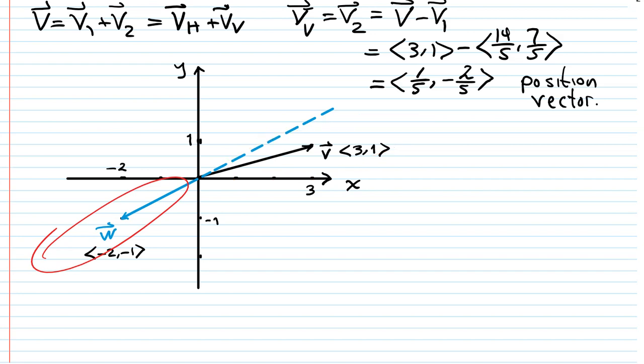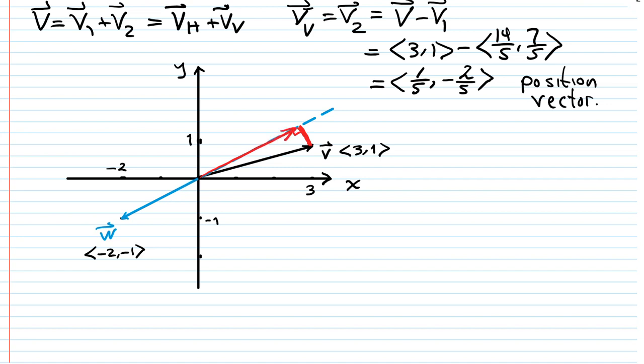So in order to project v onto w, I extended w in this direction, in the direction of v, so I can project v onto it. If I drop the perpendicular from the tip of v, it would be like this, that distance right there. The projection is actually this portion.